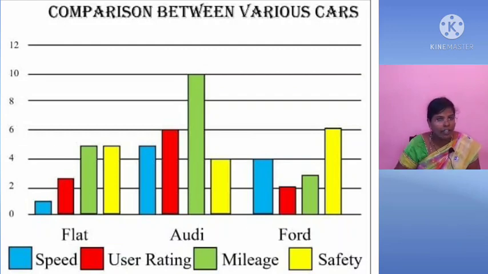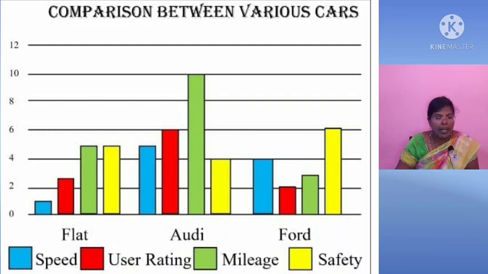These cars have 4 features, Nana: speed, user rating, mileage, safety. Blue color is speed, red color is used for user rating, light green color is used for mileage and yellow color is used for safety.